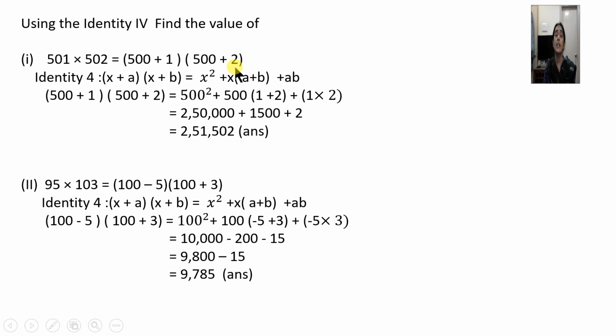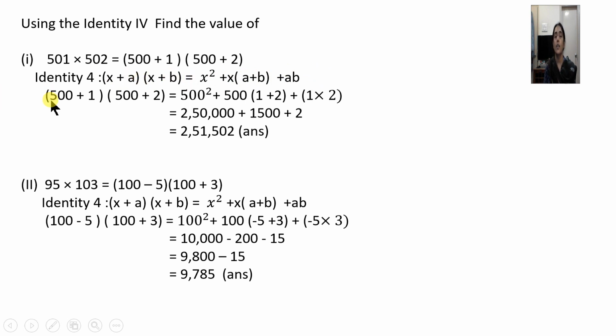In this case, I cannot use my identity a plus b into a minus b is equal to a square minus b square. Third identity you cannot use. You will have to use this identity. x plus a into x plus b is square of the first term plus x into the sum of the second terms of both the brackets plus a into b, that is multiplication of both the second terms.